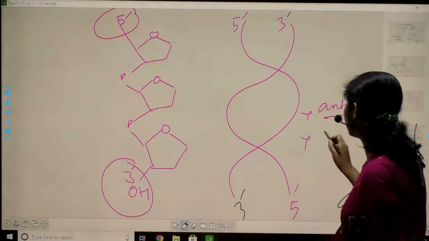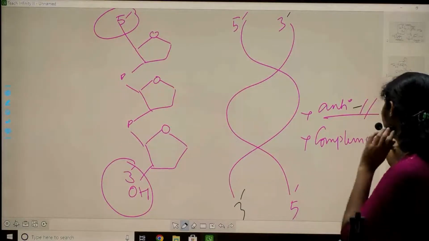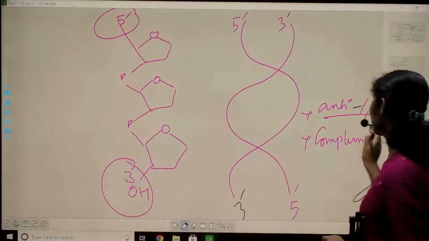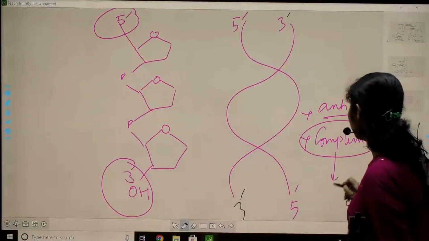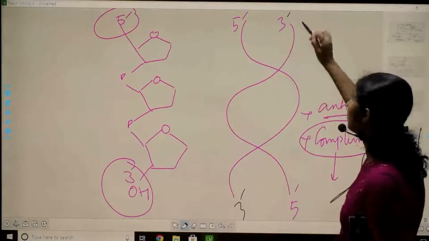And both these strands are complementary to each other. This complementary feature is due to the fact that bases participate in base pairing, right? So each strand is complementary to the other.